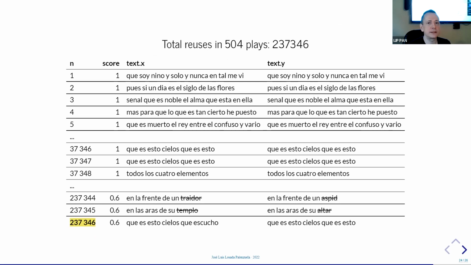This is what I said when there are too many reuses. It's more than 200,000. So the problem is not only how to analyze them, but also how to present and visualize them.